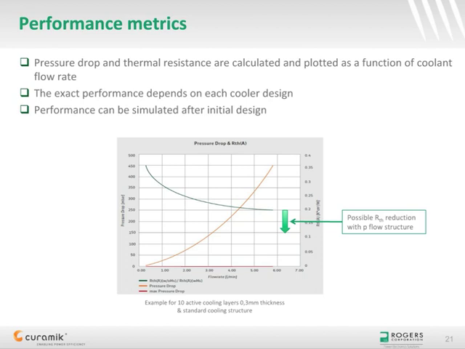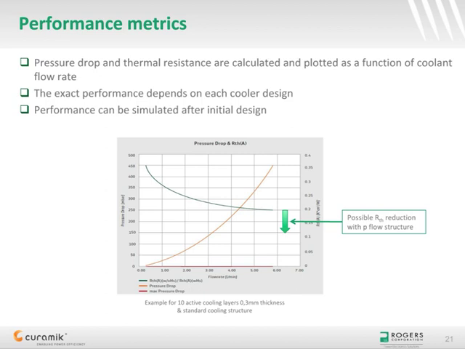As we understand that these are two important characteristics, Rogers provides support early in the design phase. Based on the boundary conditions set by the application, thermal resistance and pressure drop can be calculated and plotted as shown here for various structures and flow rate. In addition, fluid simulation can be conducted to provide more accurate results.